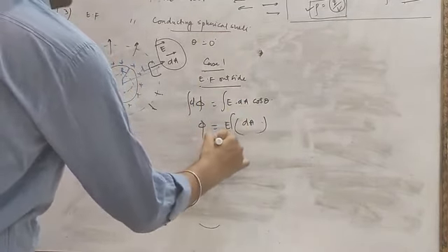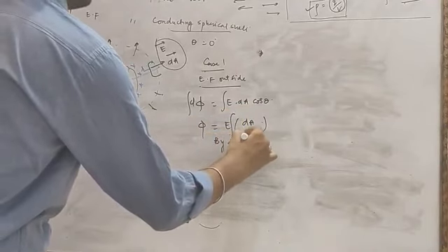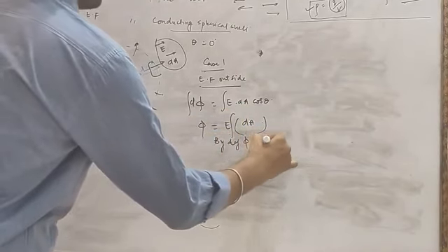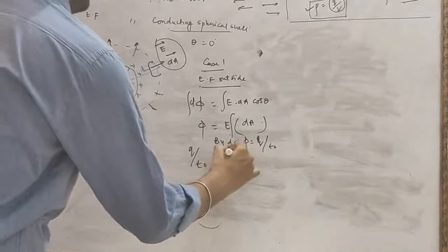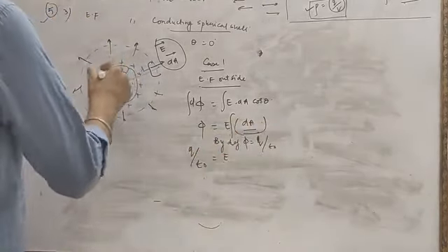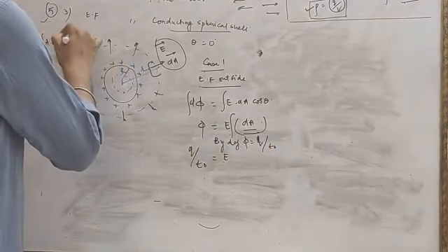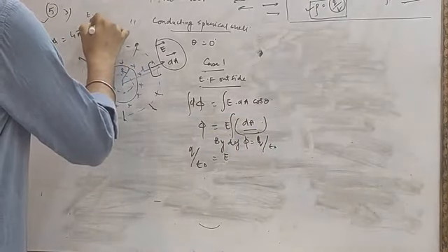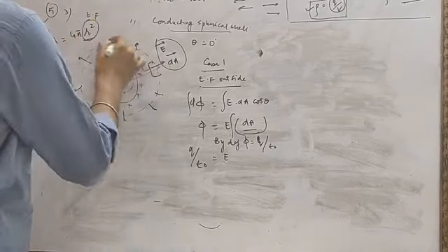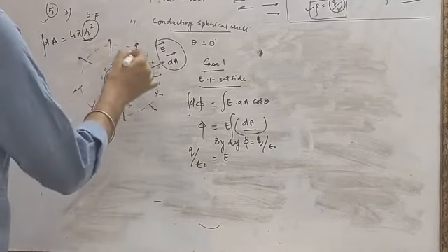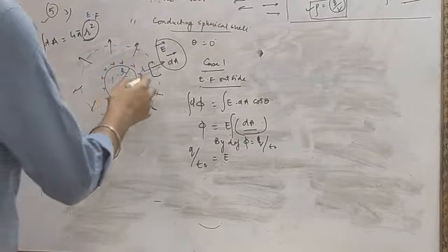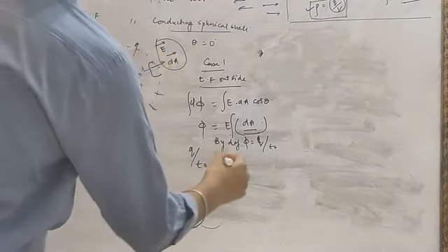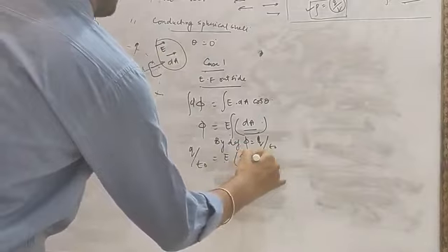By definition, we know very well phi equals Q upon epsilon naught. So Q upon epsilon naught equals E times integration of dA, the curved surface area, 4 pi r square. Here r square will be taken because the area will be taken only of this Gaussian surface, so 4 pi r square.